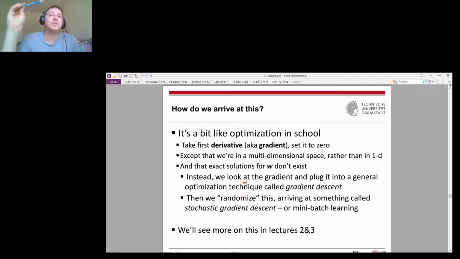So there may be different possible solutions that have different levels of goodness, and to get to a very good solution, it is empirically seen often to work better if we have this randomization in the modeling process. And we'll see more on this in lecture 2 and especially also in lecture 3.